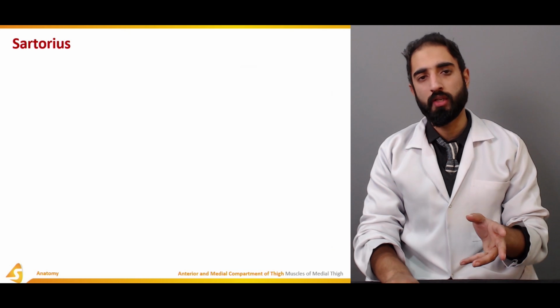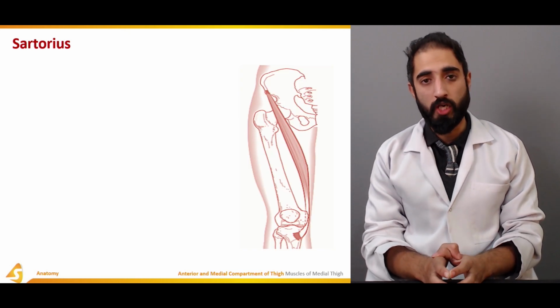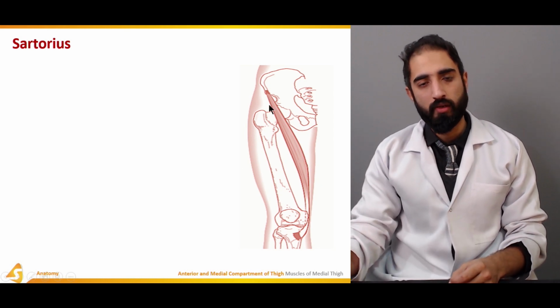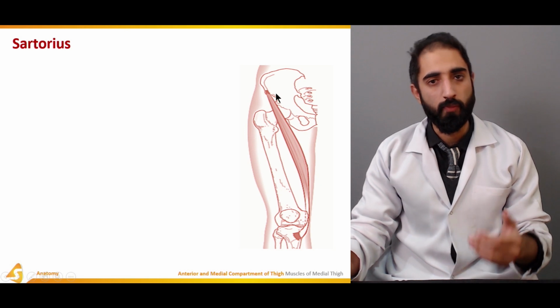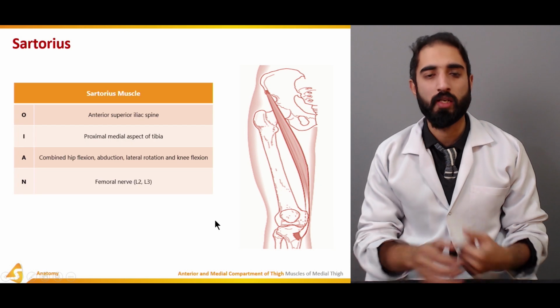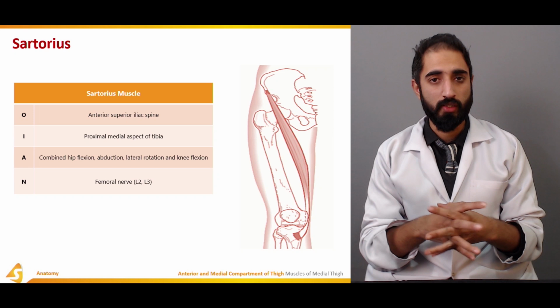And as already mentioned, sometimes we may include sartorius because of its complex arrangement in the thigh, which is that it starts off at the anterior aspect and moves towards the medial aspect, and perhaps for that reason we can consider it as a muscle of the medial aspect as well, but we already discussed it in the anterior aspect.